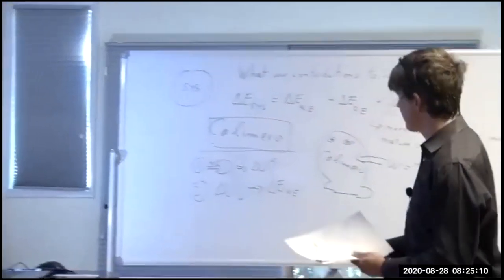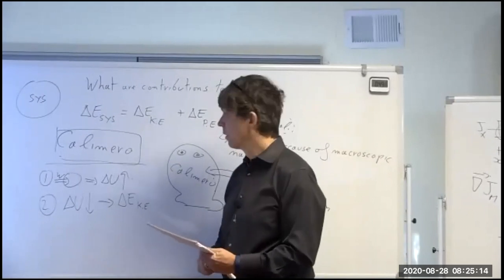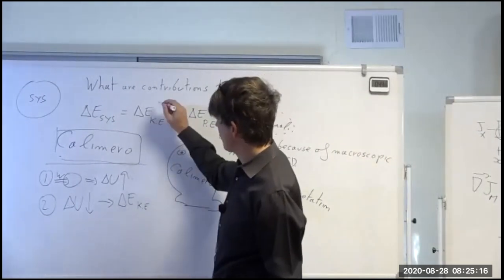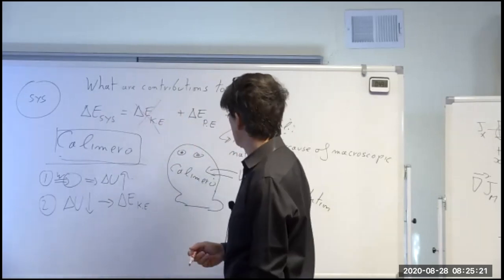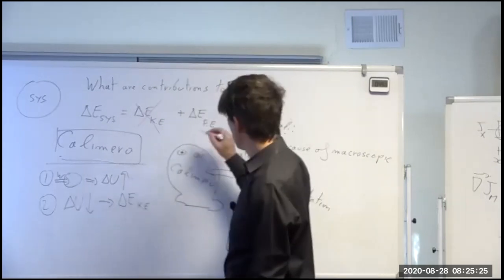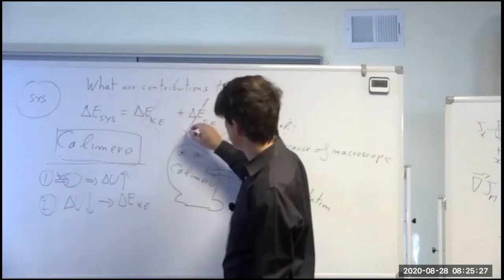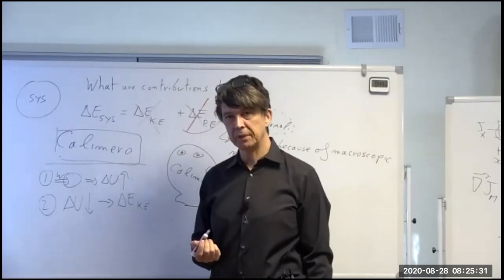Most of the time, we will deal with stationary systems. So that's good because we don't have to deal with kinetic energy. Occasionally, we will come back to it though. And then again, often, but not always, we will also not deal with systems in a field so that we don't have to deal with potential energy.